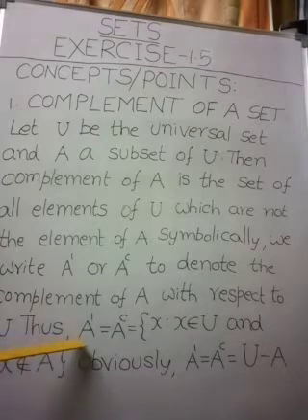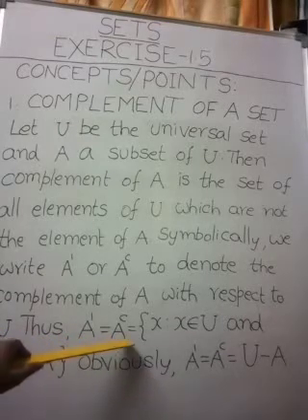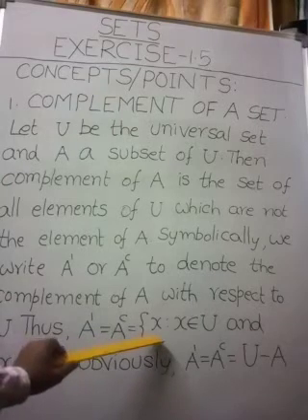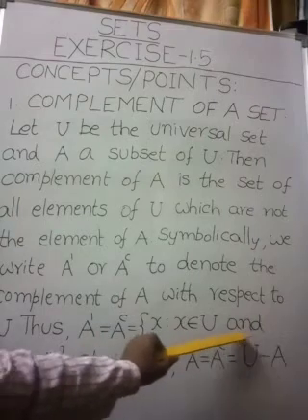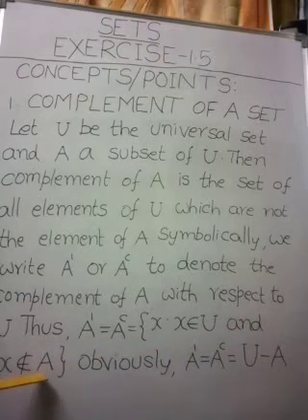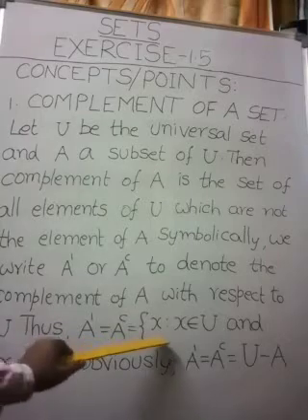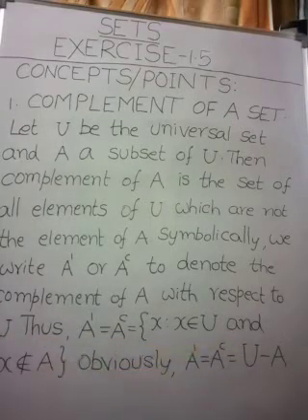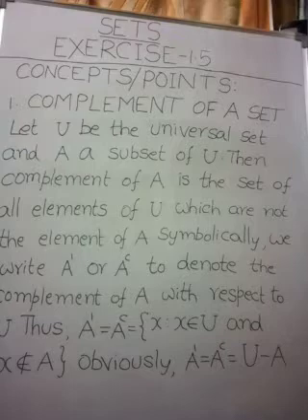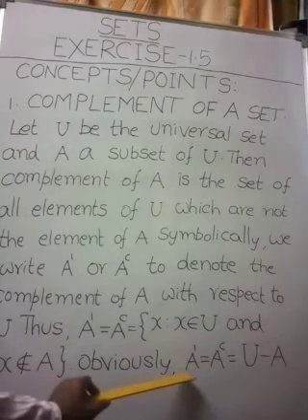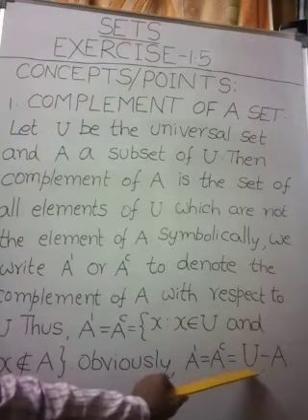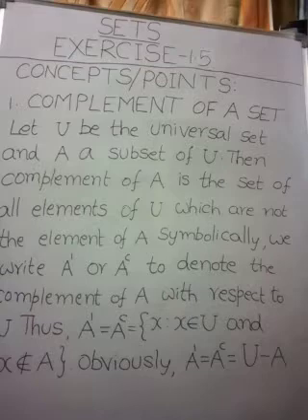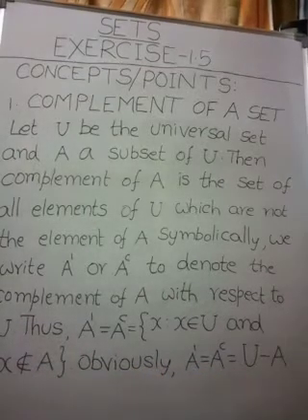Thus, A dash or A complement is equal to the set of all x such that x belongs to the universal set and x does not belong to A. This is the set builder form of A complement or A dash. Obviously, A complement is equal to universal set minus A. We use this formula to find the complement of the set A.